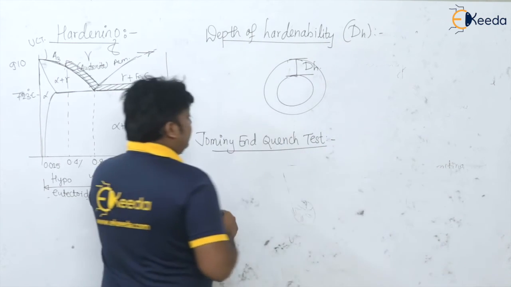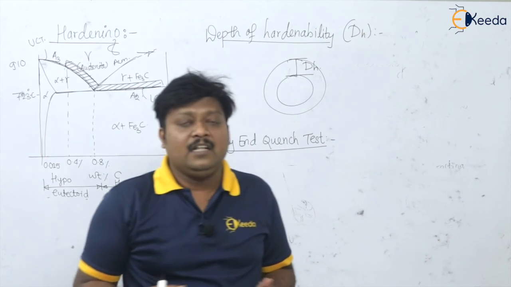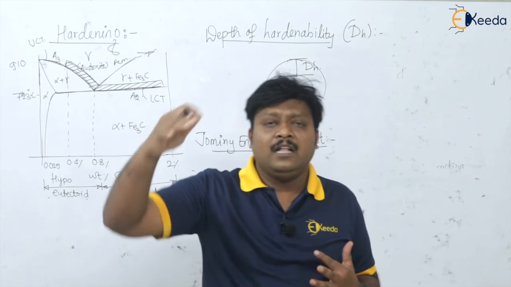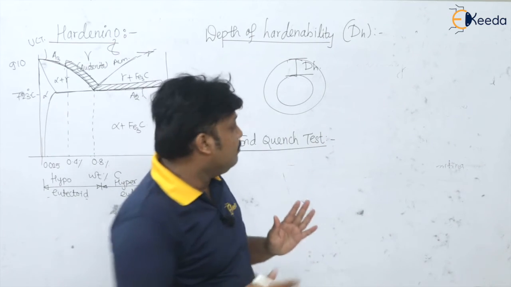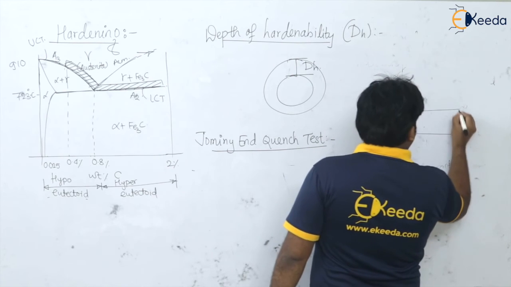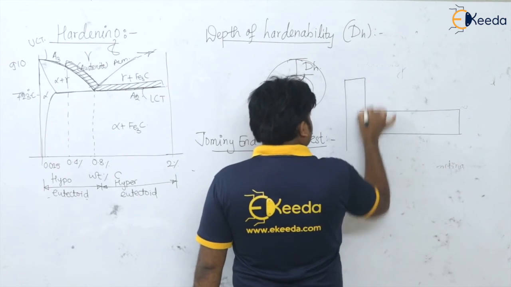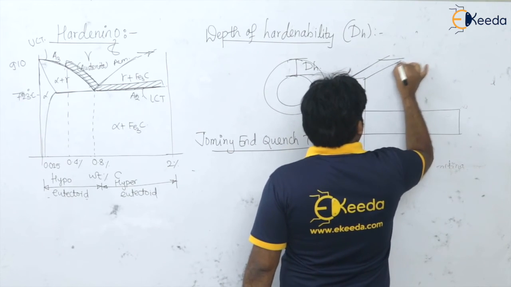So what is there actually in that test? There is a Jominy round bar. That round bar is heated up to the austenitic temperature, and we are fixing that bar into the supporting pallet like this. This is a round bar of diameter 25 mm, which is placed in the supporting pallet.